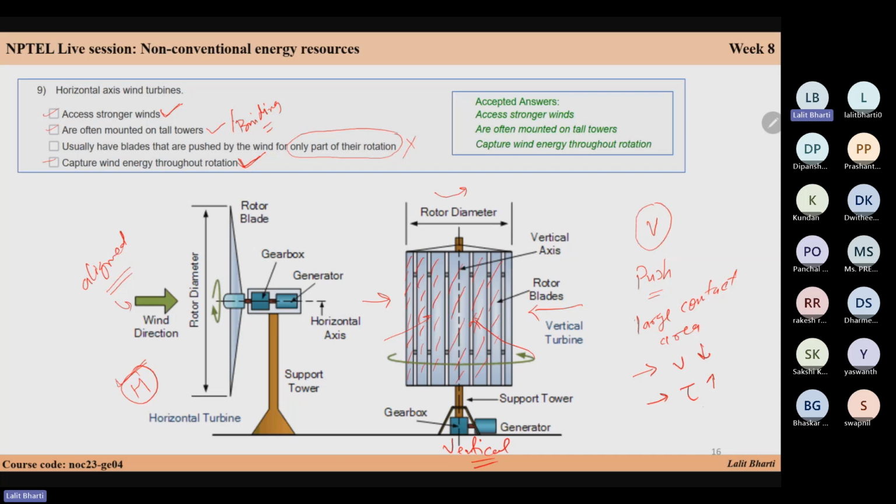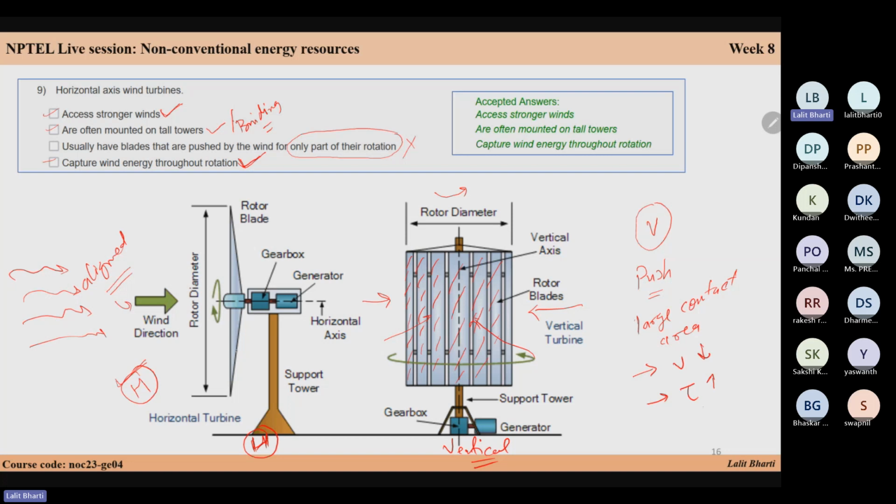So the question is, do horizontal axis wind turbines access stronger winds? Yes. If this is your wind direction, since your interaction is low here, your transfer of torque will also be low.